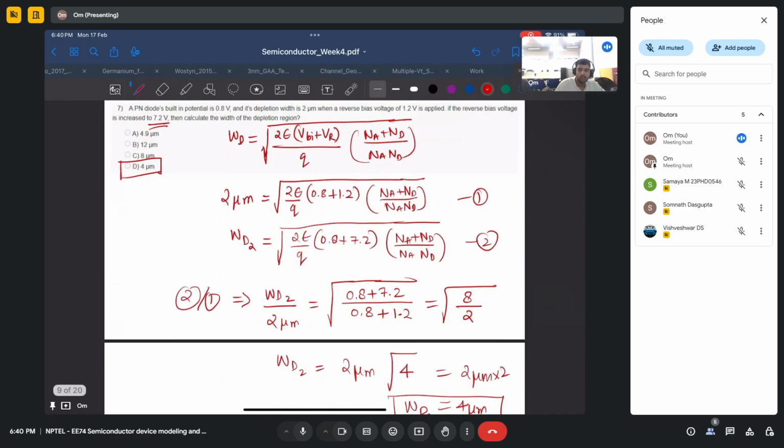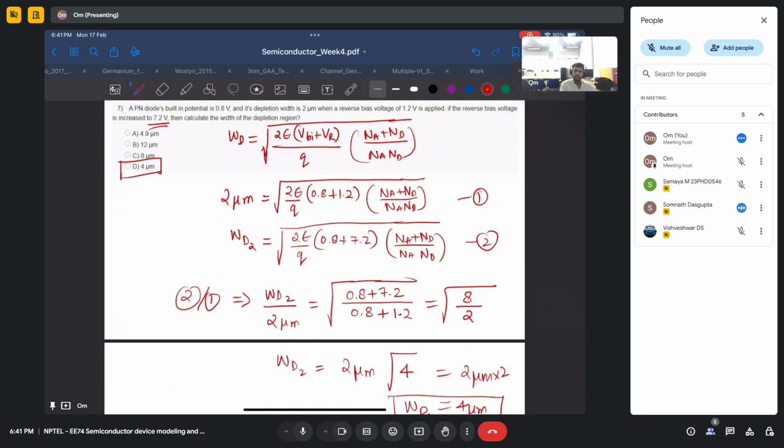I hope this question is clear to all. Sir, did you use some other method to find it? Actually, we can calculate this by depletion ratio. How do you know the depletion ratio?